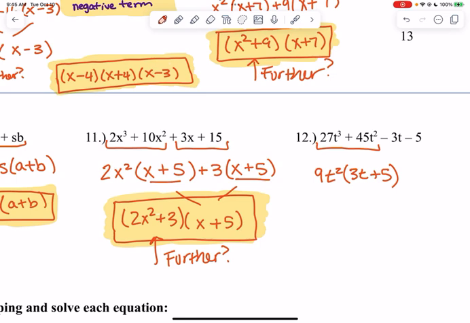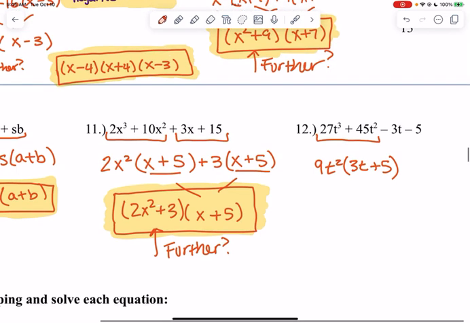All right, the second term is negative, so we should be factoring out a negative term here. You need something to go in the parentheses with 9t squared. So if you're looking at 3t and 5, and you're like, well, they don't both have a t, 3 and 5 can't pull. You need to have something. So worst case scenario, factor out a 1. In this case, specifically a negative 1.